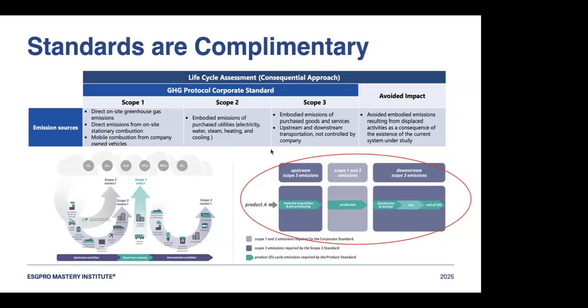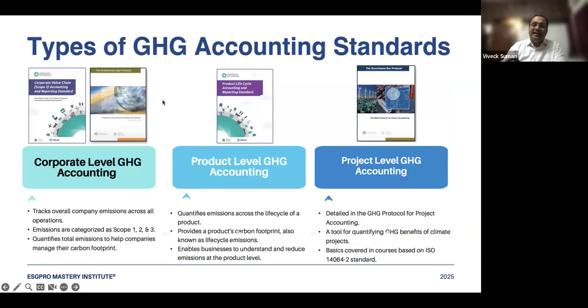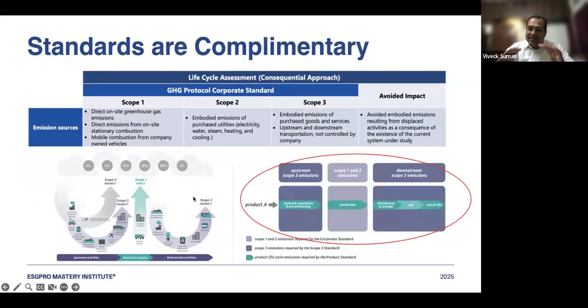And ISO 14067 is comparable to product level GHG accounting booklet, which is in the center, purple color one, right? In GHG, you have a parallel similar booklet. Now that booklet basically has a similar structure, structure wise, yeah, recommendations are completely different.